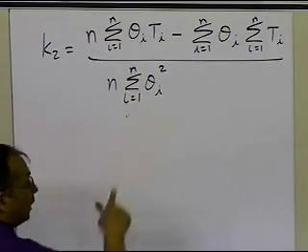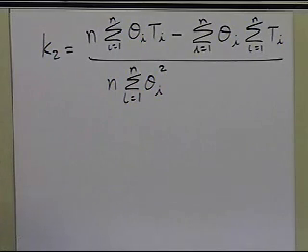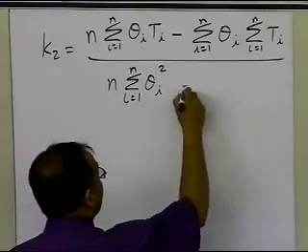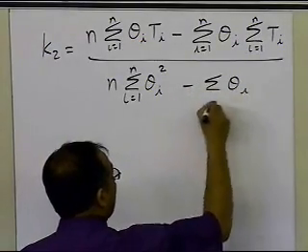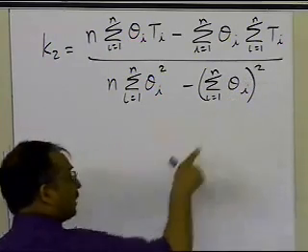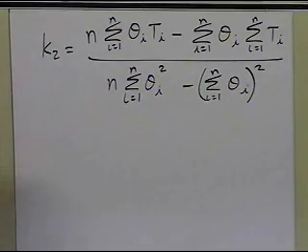Keep in mind this means that you square the theta values first and then you add them up. In the next expression we have summation of theta_i, i equal to 1 to n, where n is the number of points you have. So you add all the theta_i's and then you take the square of that. There are two different things here.